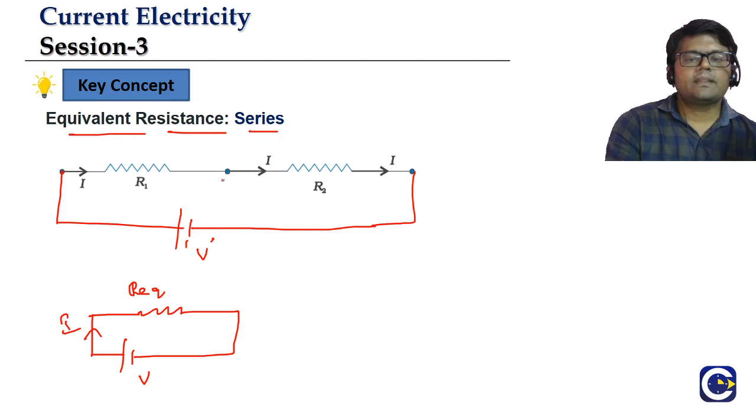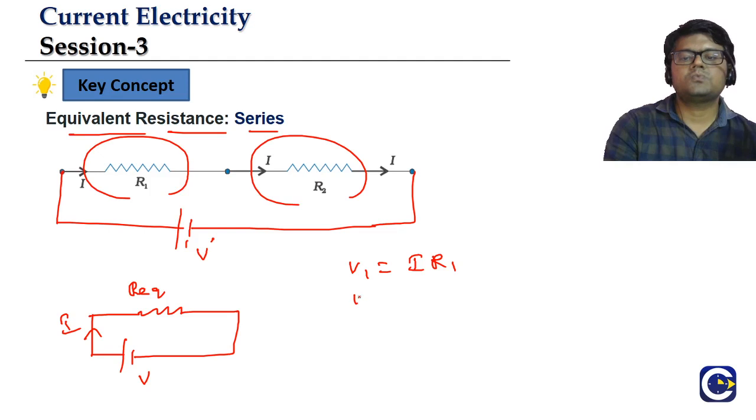Now the potential drop across the first resistor, let us call it V1, will be I into R1. Potential drop across the second resistor is V2, which is equal to I into R2.